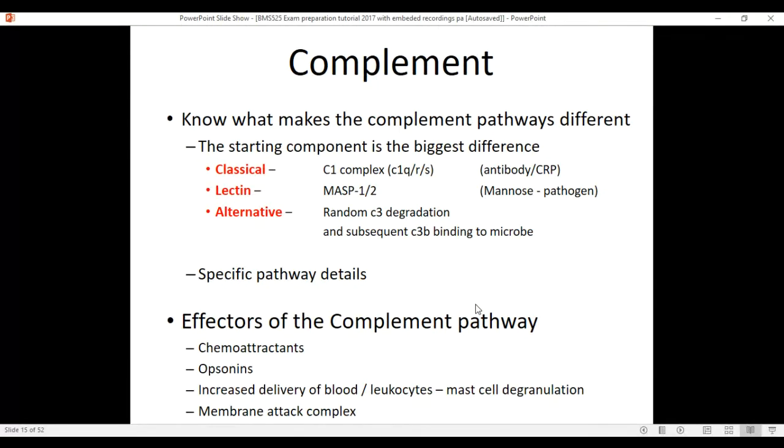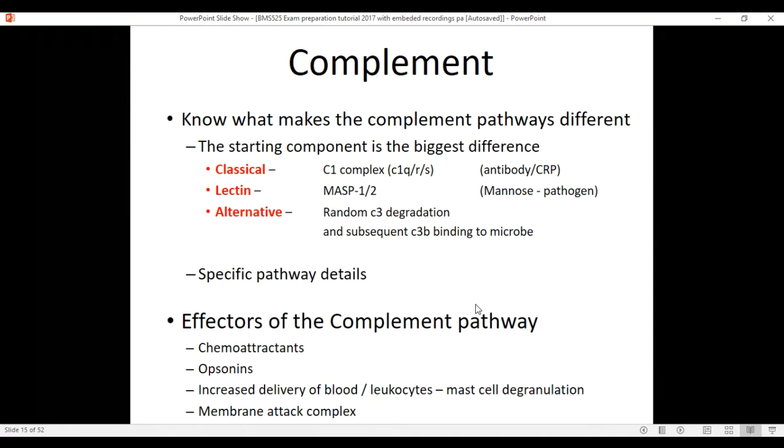Okay, so opsonins are little molecular tags, and in complement, the opsonins generally are C3b and C4b. Okay, they're little molecular tags that attach to the pathogen that enable invading immune cells to recognize that a pathogen is present. It also gives them a little anchor to attach to the pathogen.